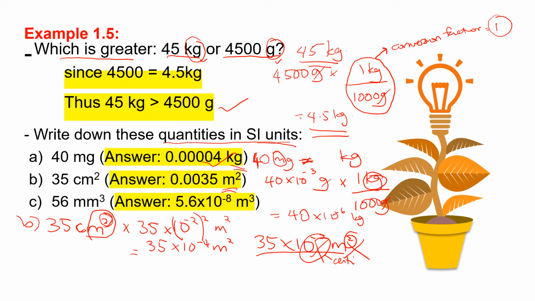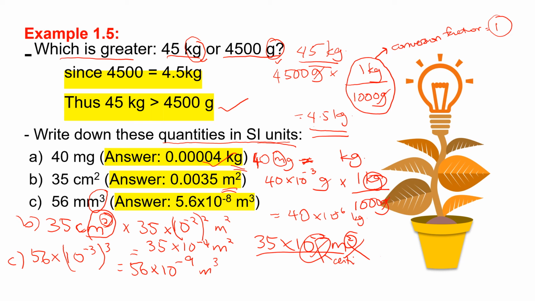So, samalah dengan yang C. C kita ada 56 darab dengan mili adalah 10 kuasa negatif 3. Tapi dekat sini dia ada m cube. Jadi, apa yang perlu berlaku kat sini? Perlu darab dengan 3. So dia akan dapat 56 darab dengan 10 kuasa negatif 9 meter cube.